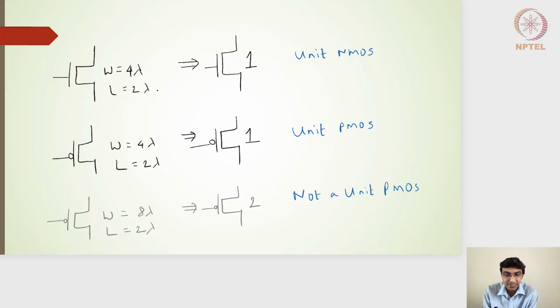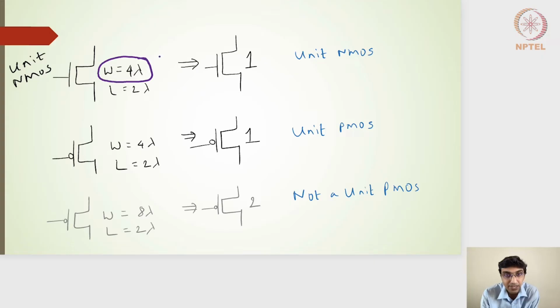Just to summarize, this is the unit NMOS we have. I'm saying this is a unit NMOS because W, the width of the NMOS transistor, is 4 lambda, where lambda is 25 nanometers. 2 lambda is the channel length of the 65 nanometer technology node, which gives us 50 nanometers of channel length.